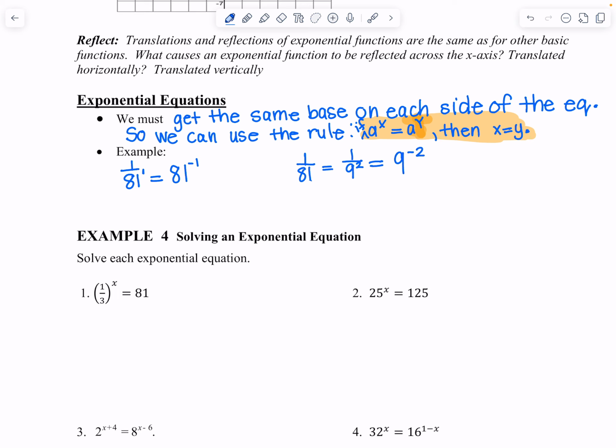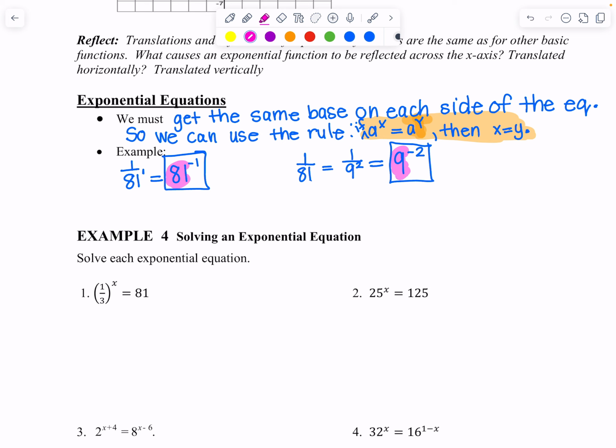So 1 over 81 equals 81 raised to the negative 1, and it equals 9 raised to the negative 2. Because that's a base. Now I'm going to highlight the base for you. One base is here, 81. Another base for this one is 9.